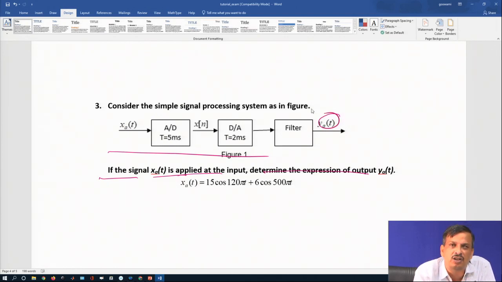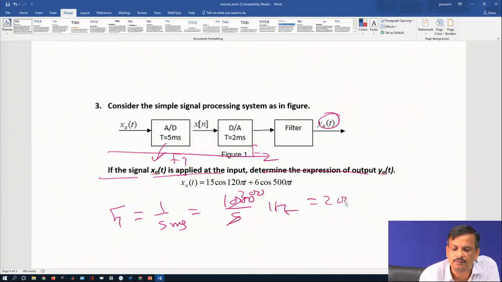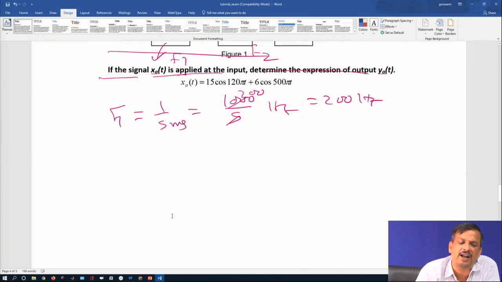So, there is an analog to digital converter, and a digital to analog converter. Let us say this is F1 and this is F2. So, what is the value of F1 in here? 1 over 5 millisecond, which is 1000 divided by 5 hertz. So, 200 hertz. So, the sampling frequency of the signal is 200 hertz.